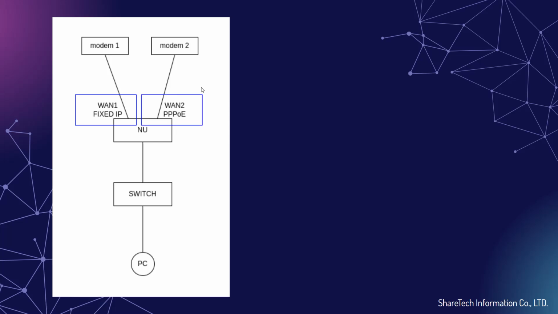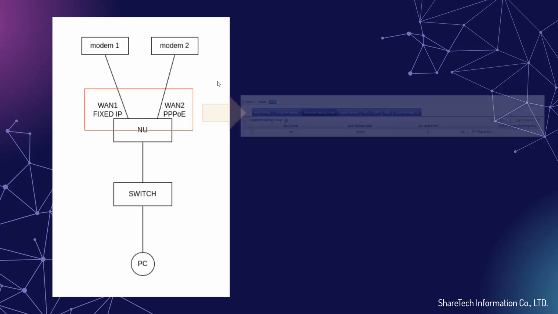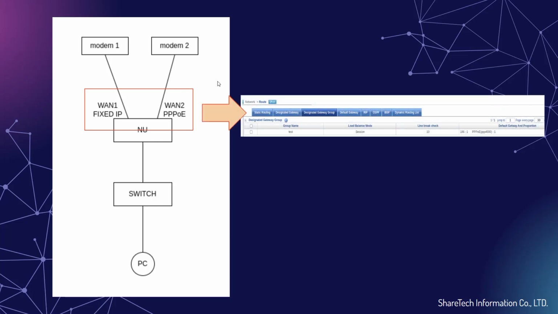These two interfaces can access the internet. They belong to the same type. Then I can bind WAN1 and WAN2 to a designated gateway group. If we bind the multiple lines to a group, it means the group can perform load balancing.